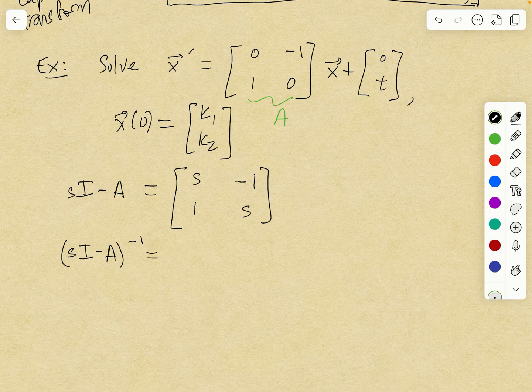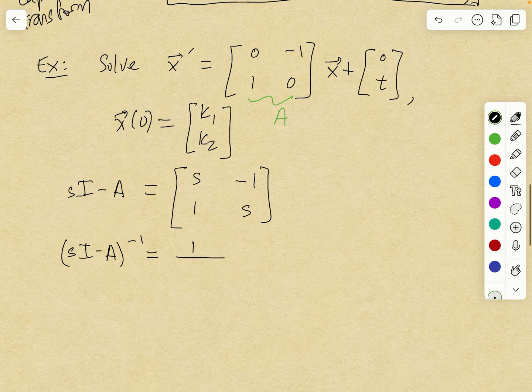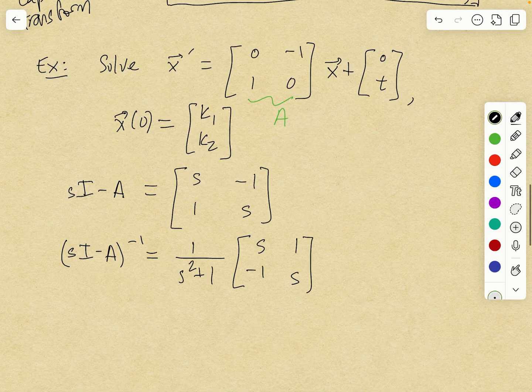The determinant is S squared minus negative 1, that's S squared plus 1. So 1 over S squared plus 1. And then I flip A and D, so I get S and S. Then I keep B and C the same, but multiply by negative 1. So this is my inverse of sI minus A.